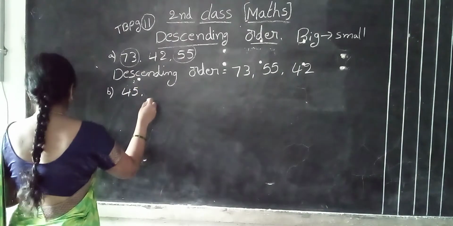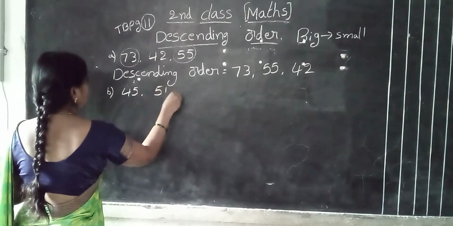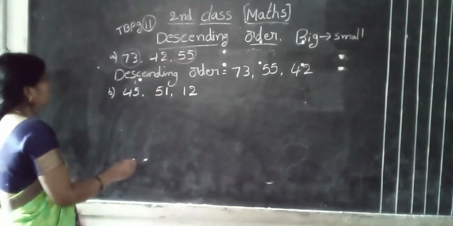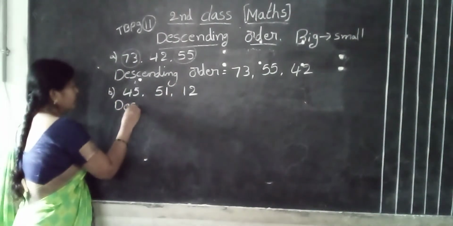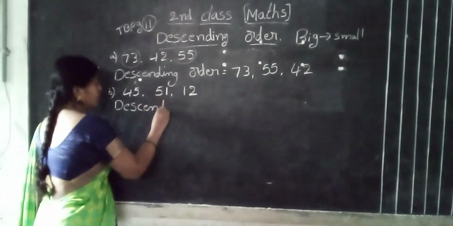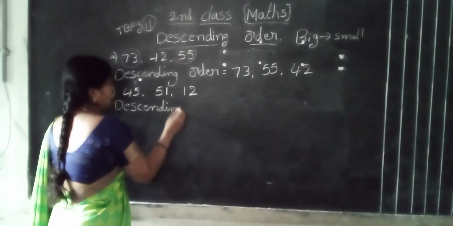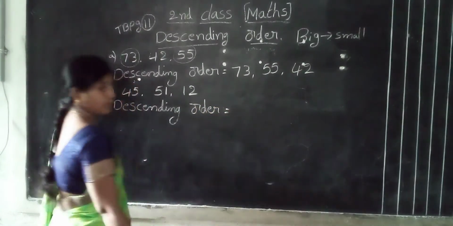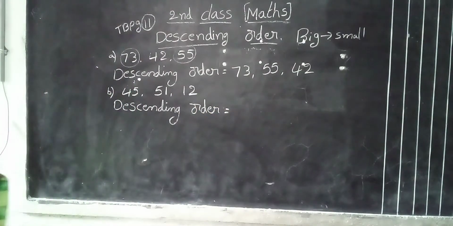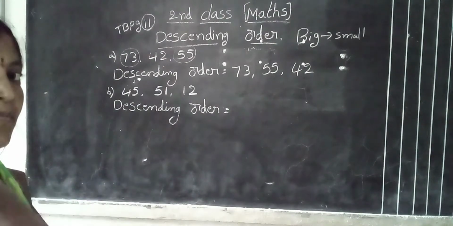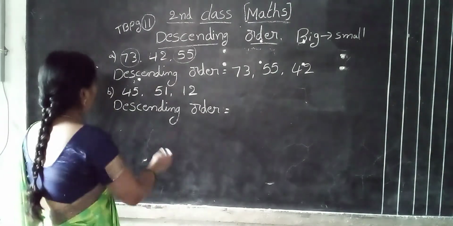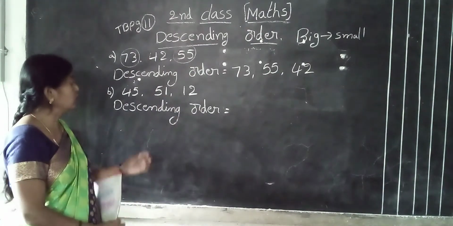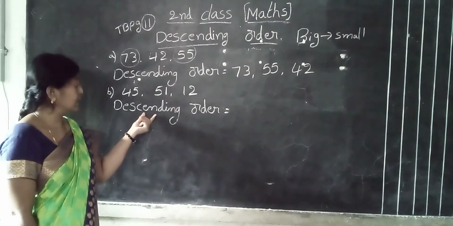45, 51, 12. Descending order of these numbers. So first, children, what do we do in descending order?